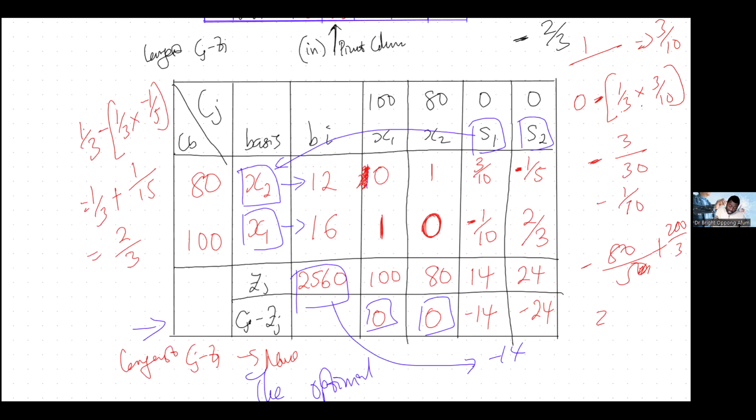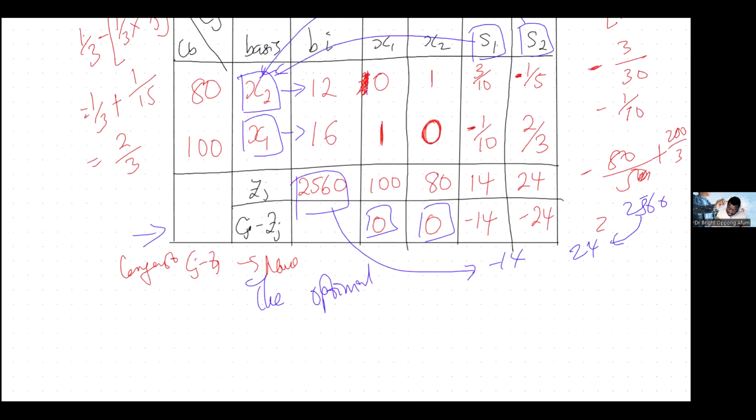If we introduce S2 into the basic solution, it's going to reduce this 2560 by 24. That's what it means. So the simplex process will terminate and the optimal solution is found.